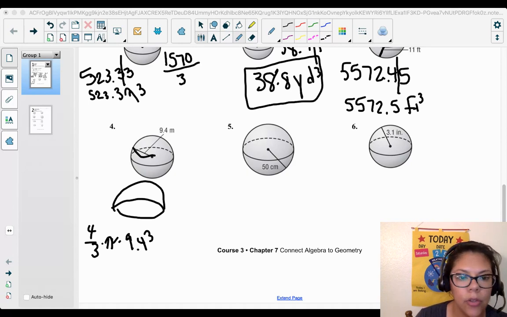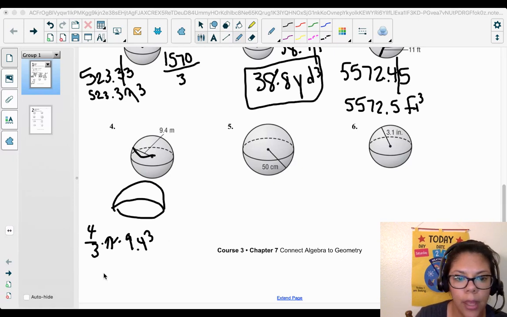Okay. So the 9.4 to the third power gives us 830.584. And we're going to do that times 3.14, and then times 4, then divided by 3.